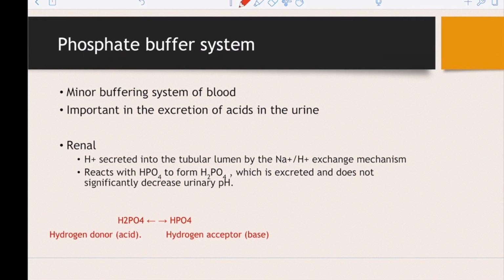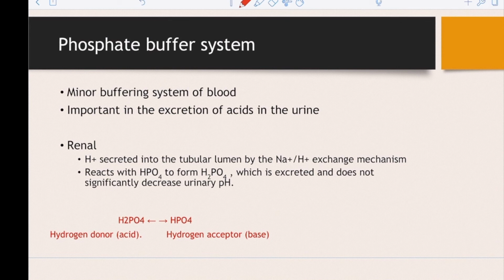We also have what's called the phosphate buffer system, and this is a very minor buffering system in the blood. You don't need to know much about this other than really the fact that we have protons that are secreted into the tubular lumen by the sodium-hydrogen exchange mechanism that we've previously learned about. And what happens is those protons react with the HPO4.